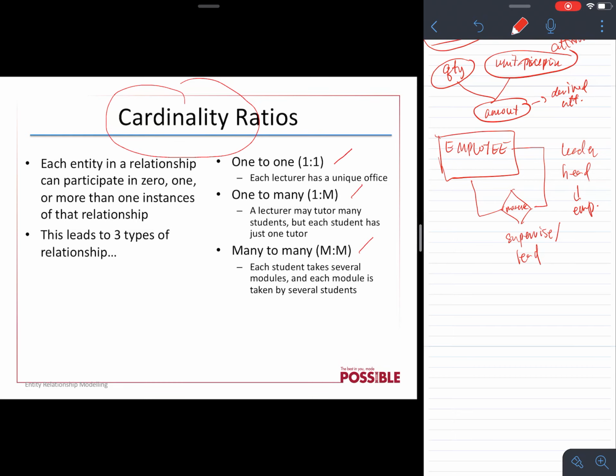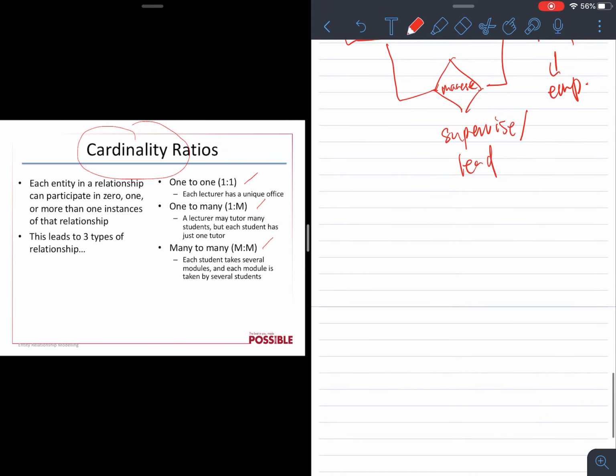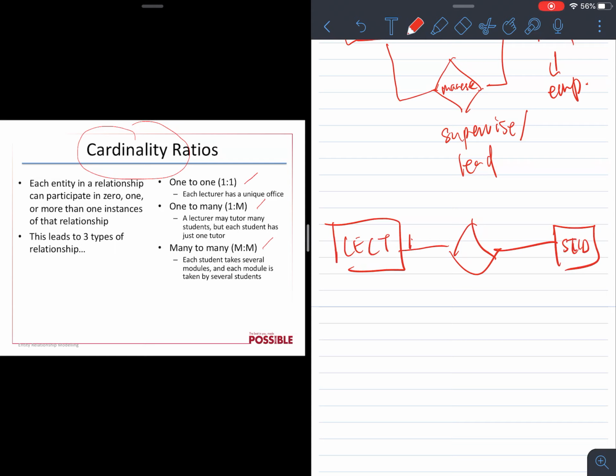So one-to-one, let's say this is lecturer and this is student. Assuming we are forcing a one-to-one session, one lecturer teach one student.